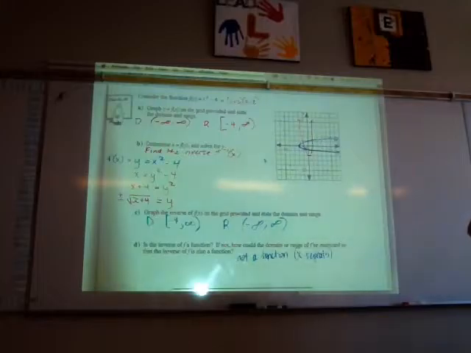And this is a little skill testing question. So we figured out the inverse is not a function. How could the domain or range of the original function be restricted so that the inverse graph would actually be a function? It's a tricky one.